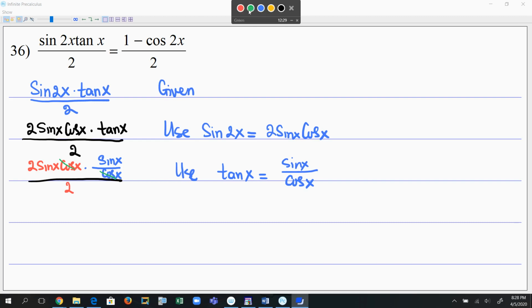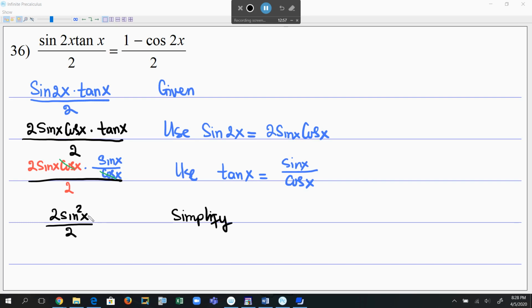So after we multiply, that will give us 2 sine square x divided by 2. So what we just did right here, we just simplified, which is we cross out the cosine x, and also we multiply the sine x with the sine x.